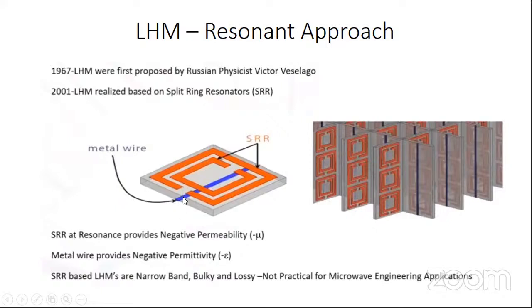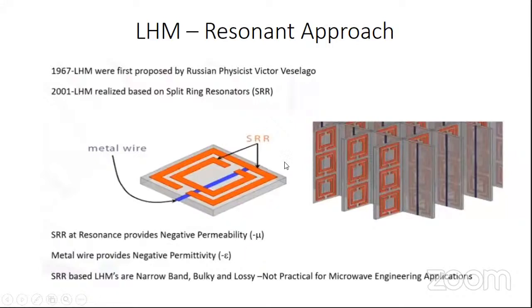The metal wire, shown in violet color, is placed beneath the substrate, and on top of the substrate the loops are created. The loops give you the negative permeability. This is the resonating structure, and this is the metal wire. Combining both, we get negative mu and negative epsilon.